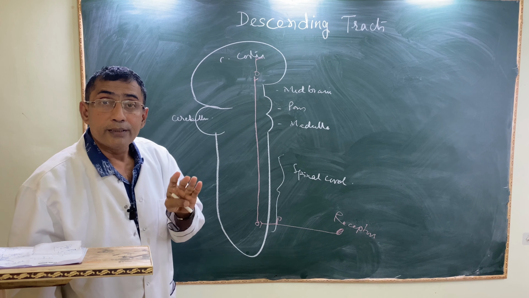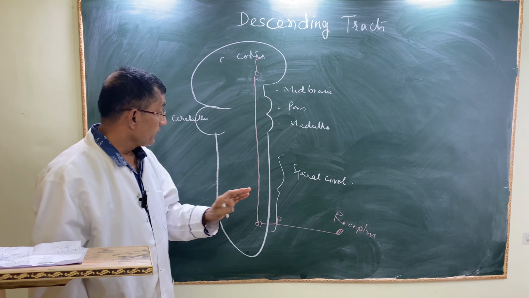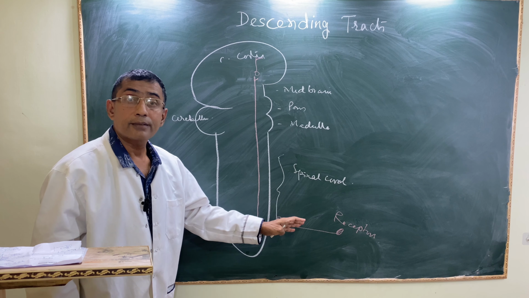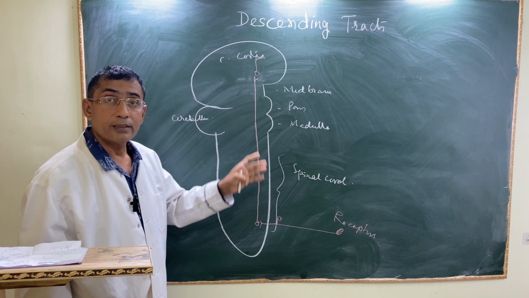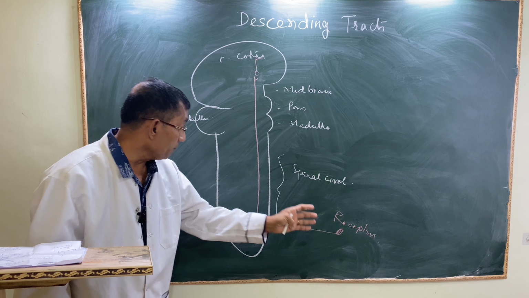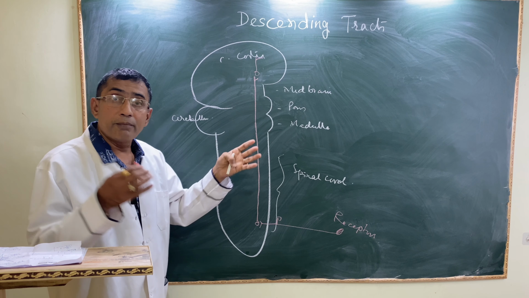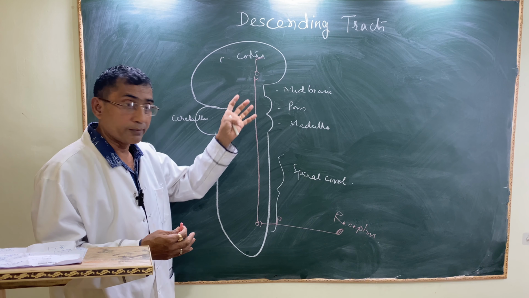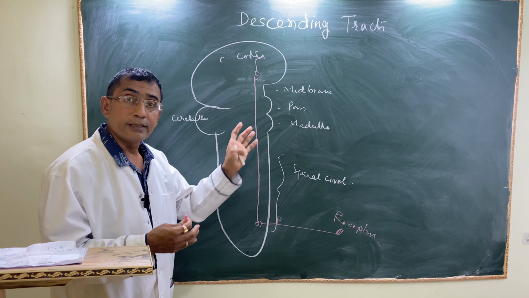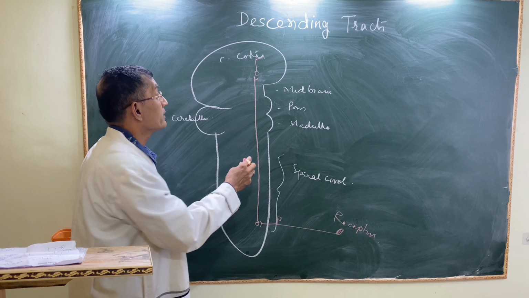According to our definition, ascending tract is the sensory fiber, the neural fiber which carries information from periphery towards the center, having common origin and common termination in the central nervous system. That is the ascending tract. I have drawn the diagram of ascending tract.